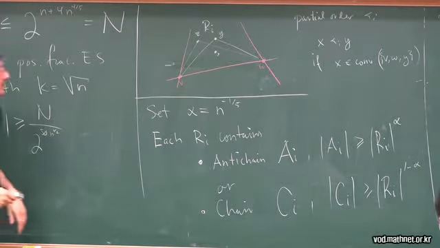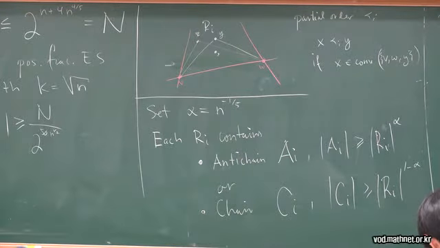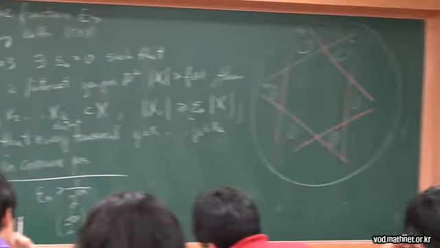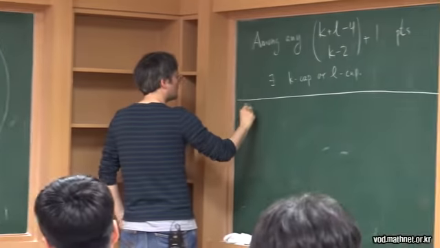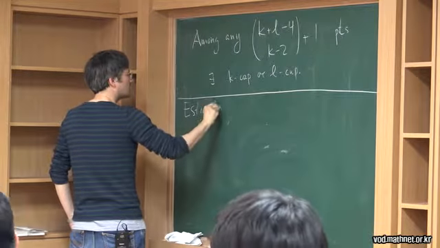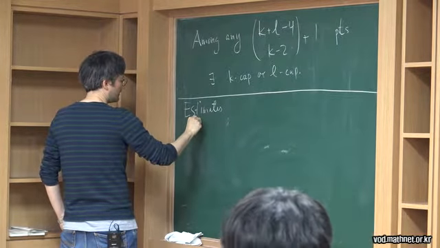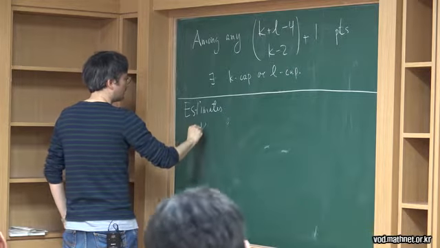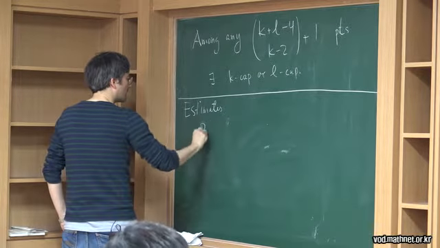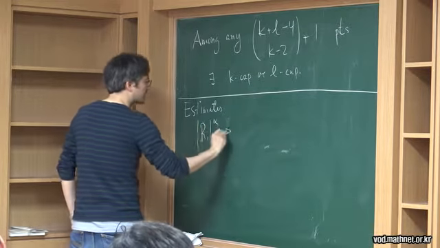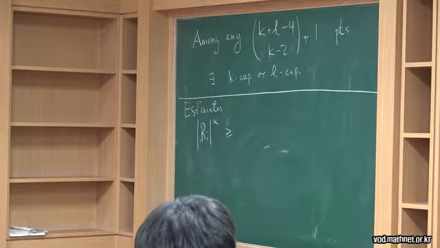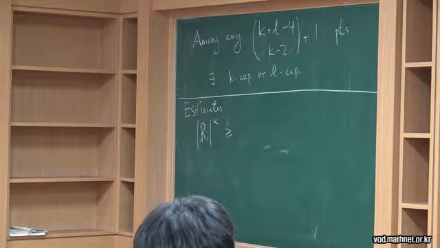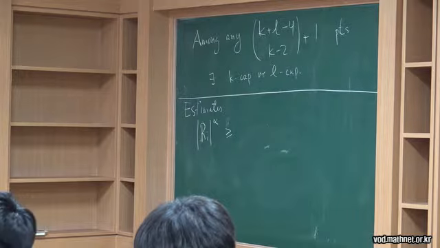And here comes another step with some estimates. I'll write them here. Ri to the alpha is at least... Here I am again skipping ceilings and floors.